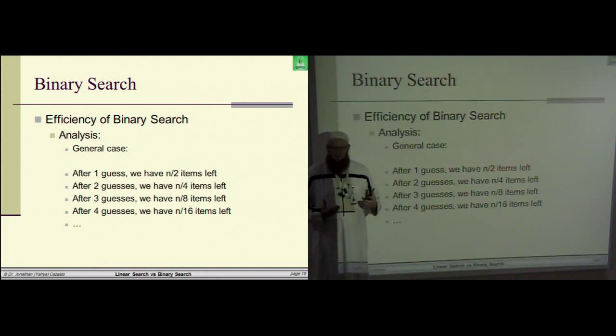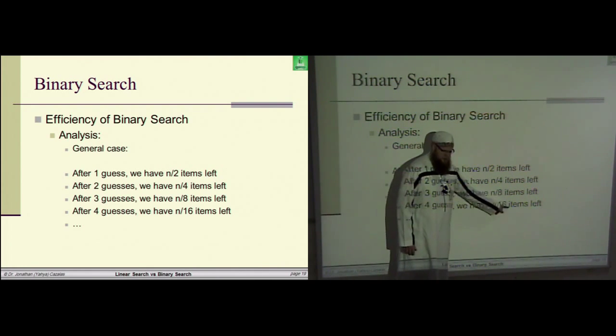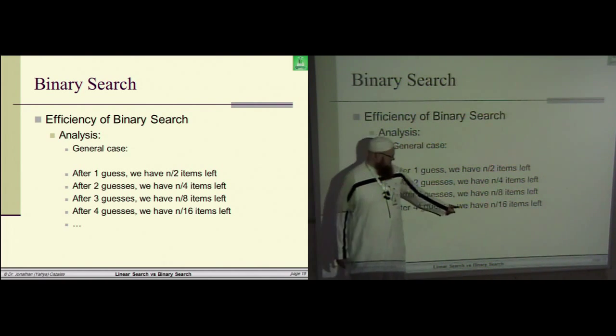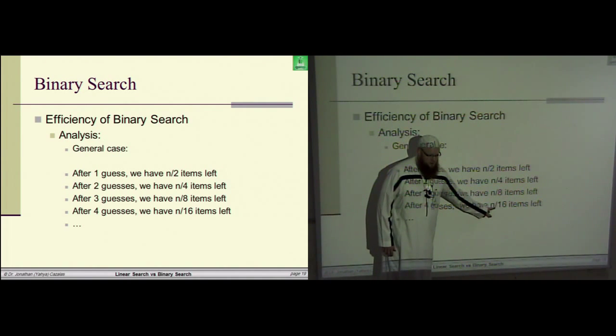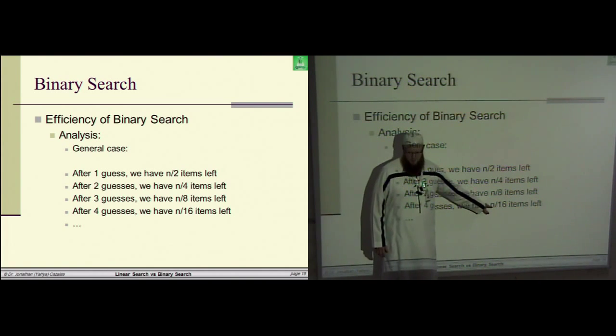If a student is good at math, they can see a pattern. The hint is that we would like to see the guess number inside this number. After 4 guesses, we have n over 2 to the 4 items left, because 2 to the 4 is 16.